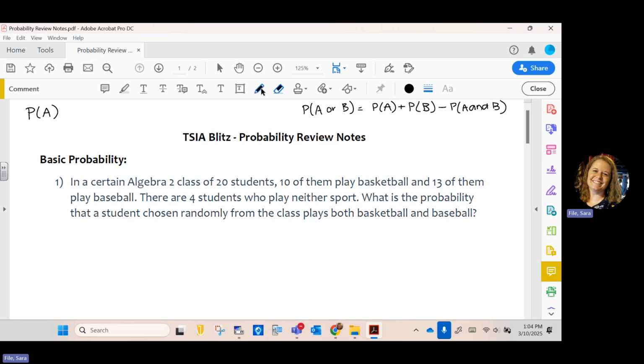In this question, they're wanting us to find the probability that the person in the class plays both baseball and basketball. So that's actually this piece here that we're missing that we're trying to find. I can rearrange this equation to get this piece by itself.